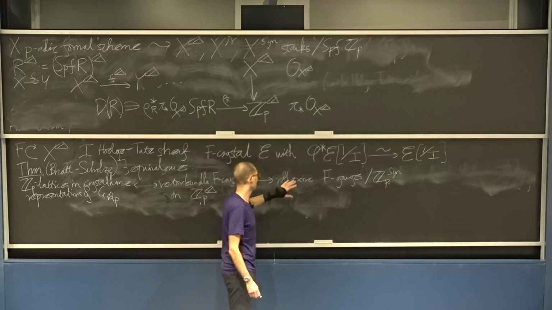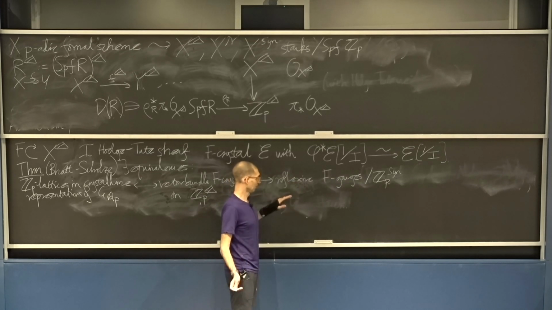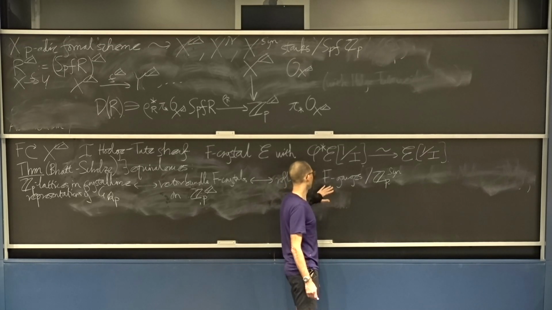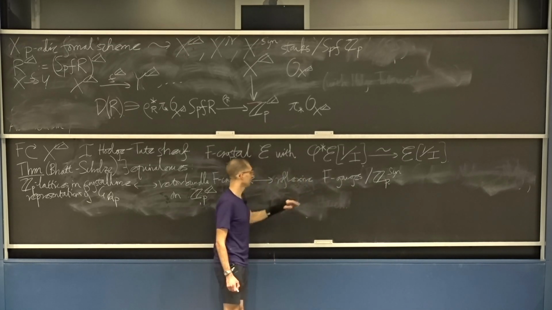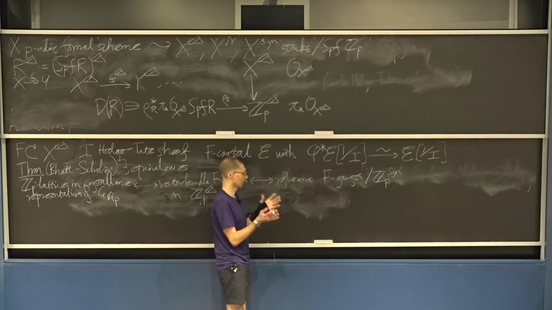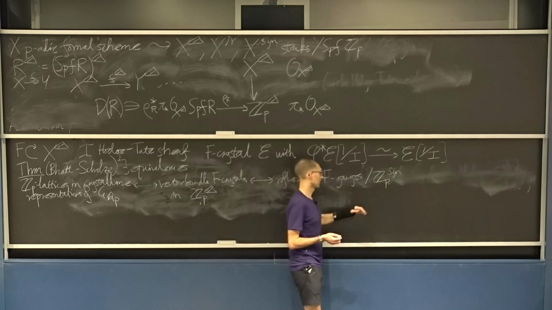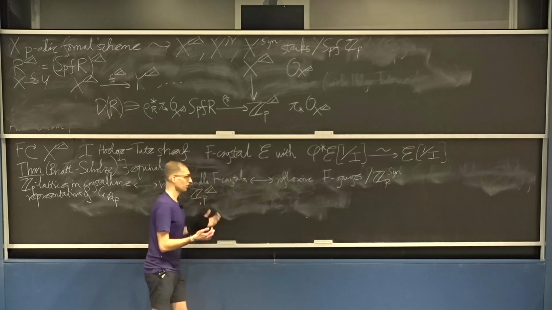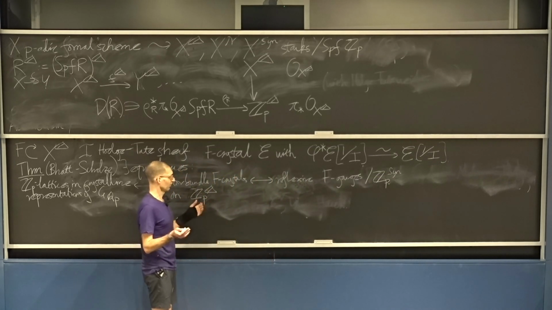I'm not going to have time, but if you look in Bhargav's notes, you'll see, for example, a theorem of Bhargav and Jacob, where they not only reprove Tate local duality in this setting with a very different proof that's much more geometric, since you're actually looking at the geometry of this stack, but they get an integral refinement, and again at the derived level.